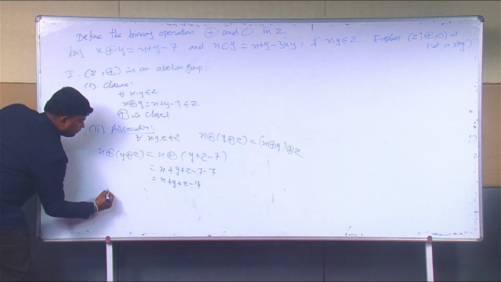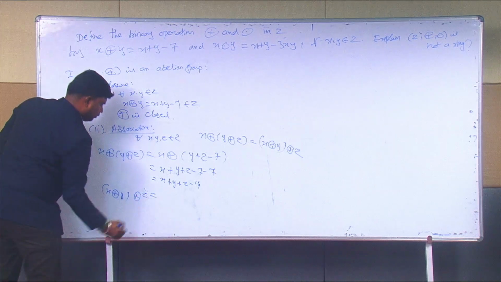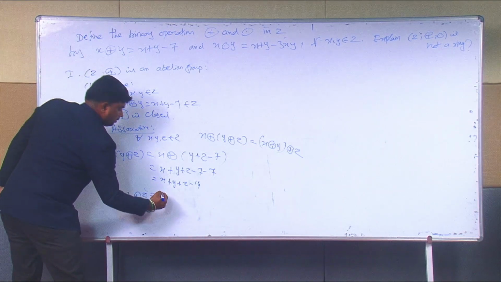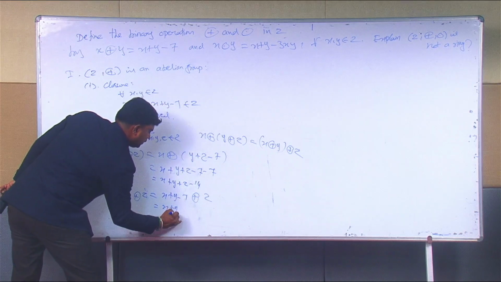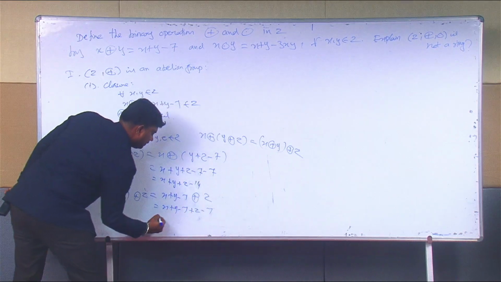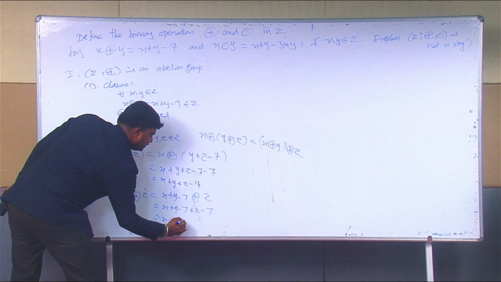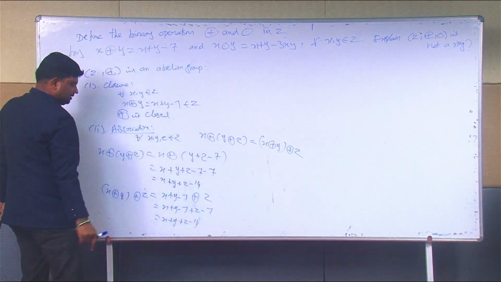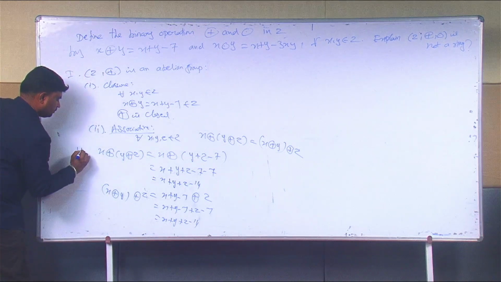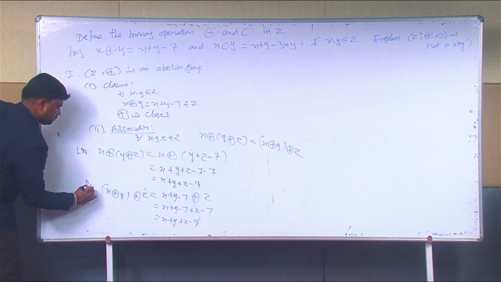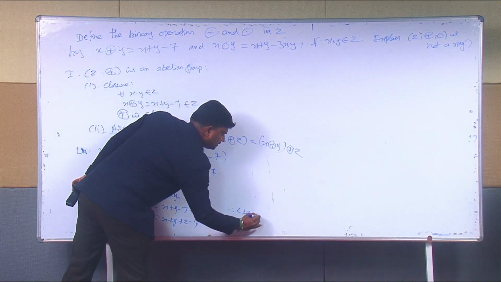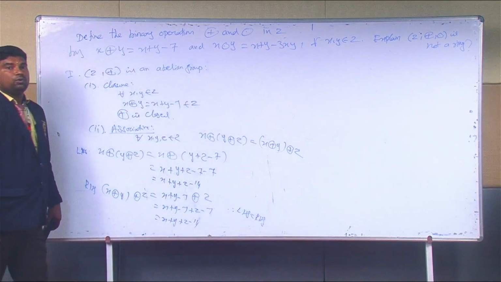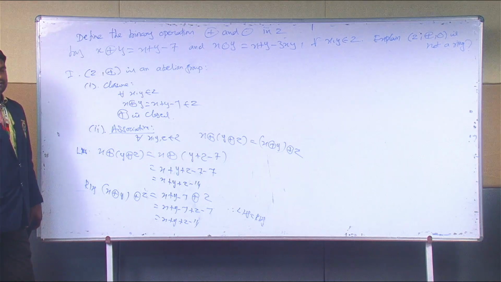Now RHS: x addition modulo y is x plus y minus 7, addition modulo z gives x plus y minus 7 plus z minus 7, so x plus y plus z minus 14. So LHS and RHS are the same. So clearly addition modulo satisfies the associative axiom.